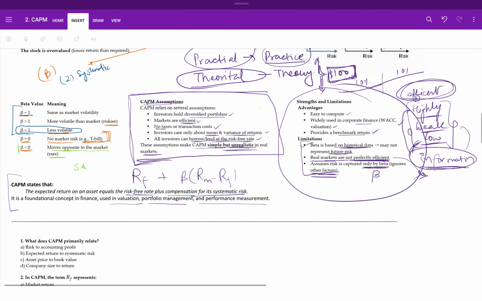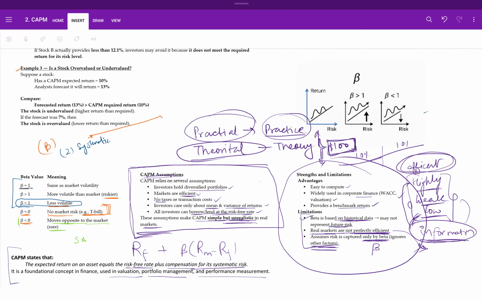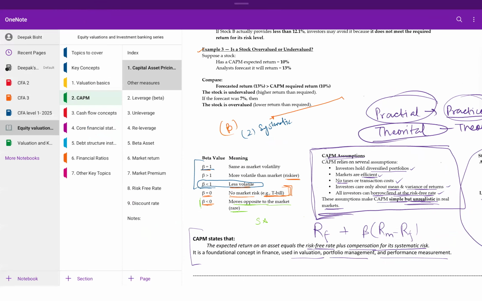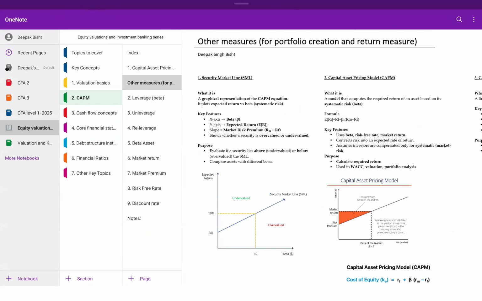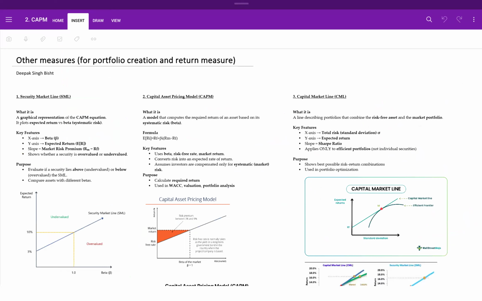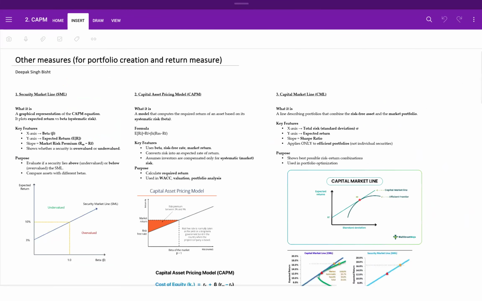But before that, I actually wanted to discuss the other measures. I'm going to talk about these other measures very briefly so that you get an idea. We will be discussing only the concept, and we will not be going into detail right now.